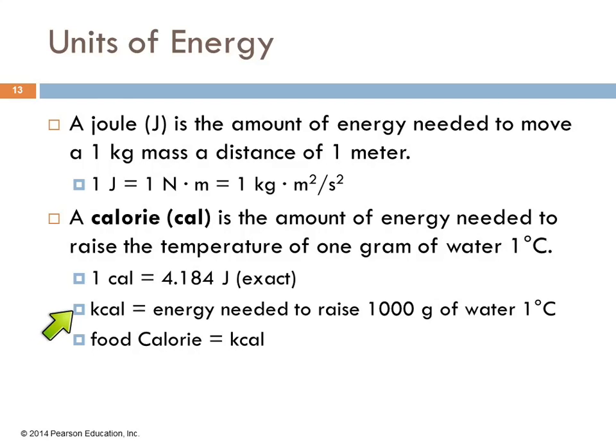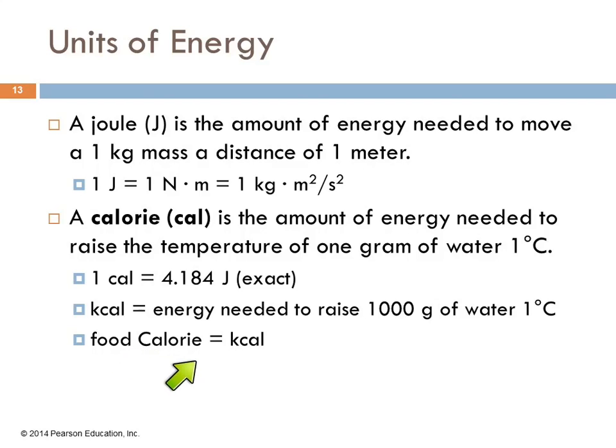Kilocalorie, these are metric units. We can apply metric prefixes to them. We can have a kilojoule, we can have a kilocalorie. Kilo means 1,000, so a kilocalorie is the energy needed to raise 1,000 grams of water 1 degree Celsius. What we're familiar with as a food calorie is calorie with a capital C, which most of the time we will avoid using in chemistry class, but it could show up in a couple word problems.